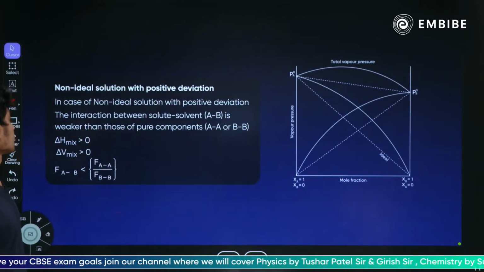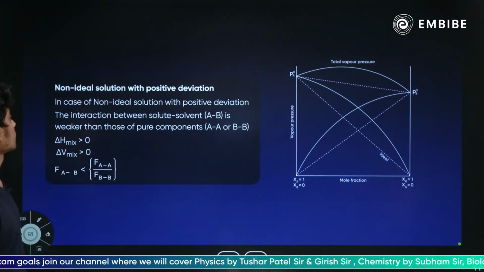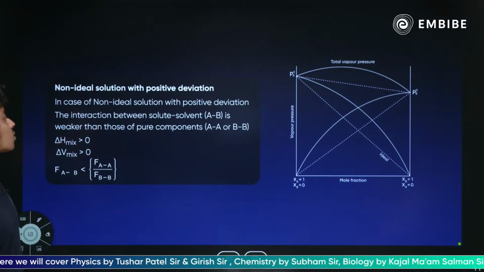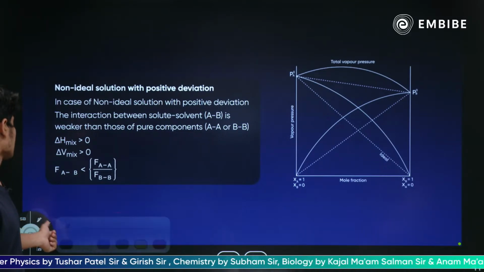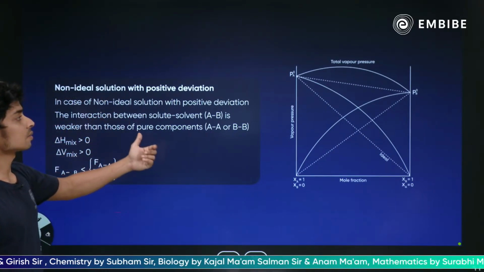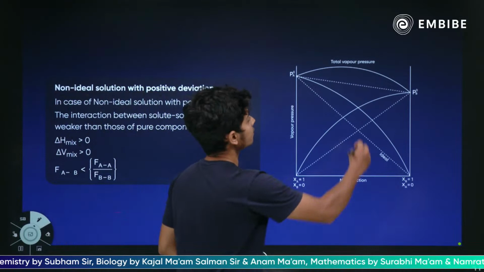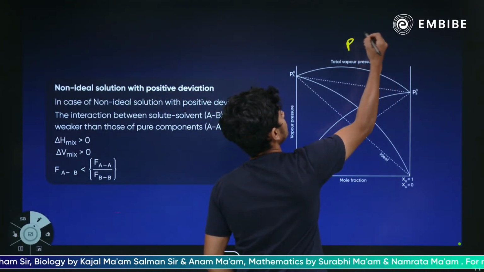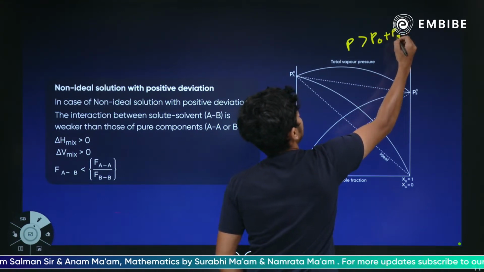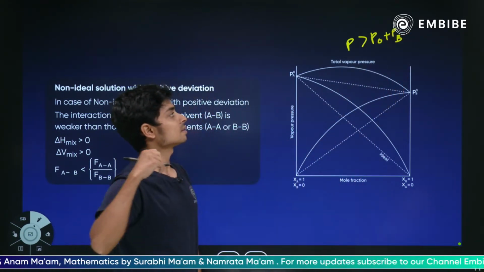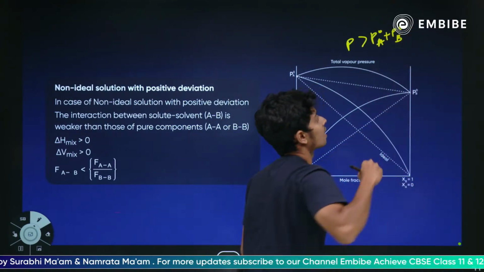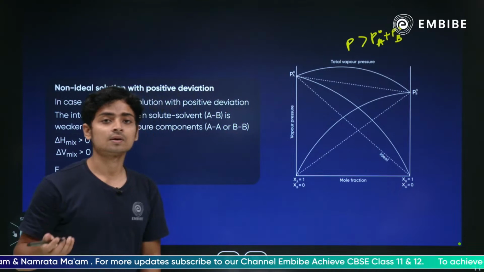Non-ideal solutions with positive deviation: in this case, the interactions between solute and solvent, A-B, are weaker than those of the pure components A-A and B-B. So the total vapor pressure P will be greater than P naught A plus P naught B; the total pressure is higher in this case.